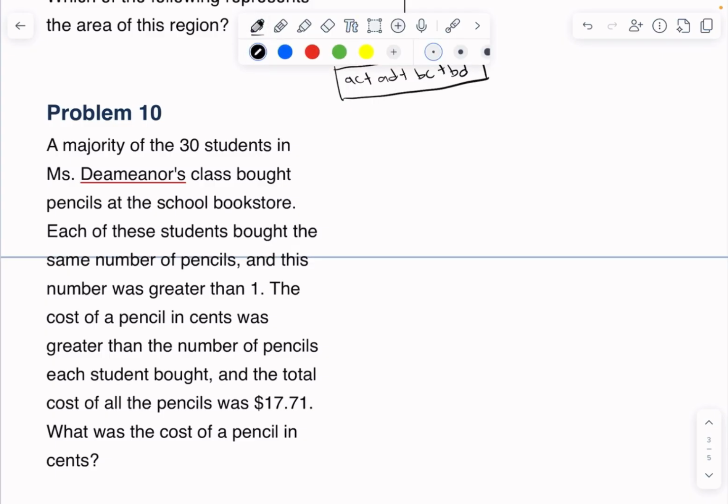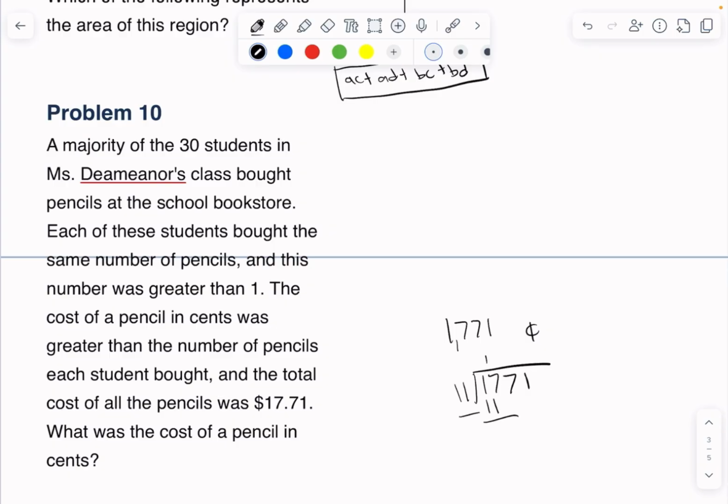We can take this as basically just 1,771 cents. Okay, so we can immediately see that 11 is going to be a factor because of the divisibility rule. Since 1 and 7 is equal to 7 and 1, the difference will be 0, so you can divide it by 11.